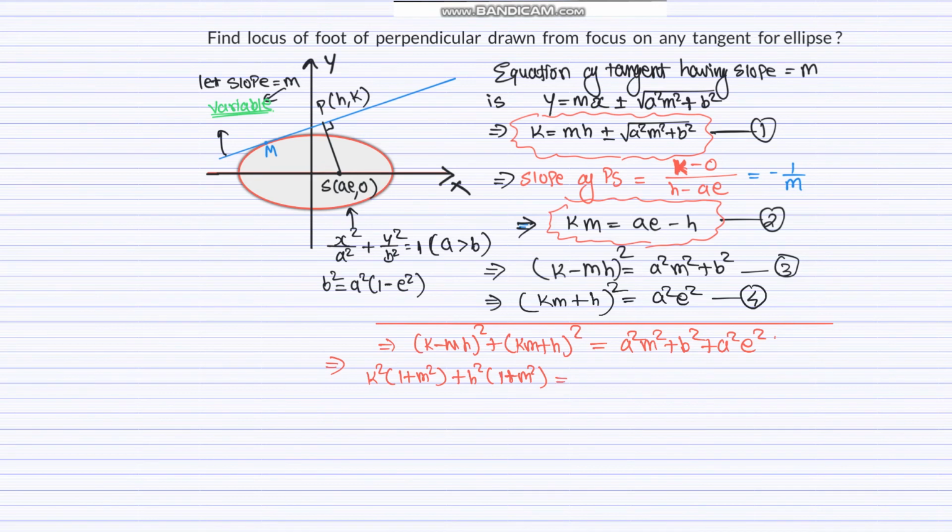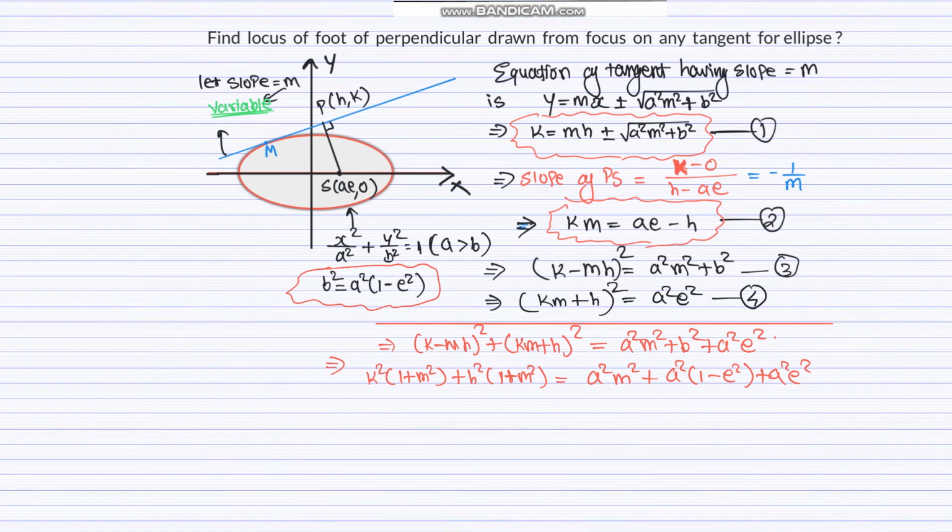Okay. And over here, what we can see is, by just observing the relation B square is equal to A square into 1 minus E square, what you can conclude over here is A square M square, plus, we'll put A square into 1 minus E square, plus A square E square.